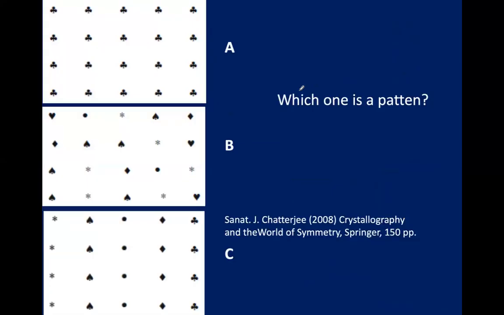So you have another pattern here, A, B, and C. Which one is a pattern? You have a single pattern here, right? That means this unit is repeating in all directions as a single unit. So this is the unit cell in that case. What about this one, B? How does it repeat? Whether you have a repetition there.